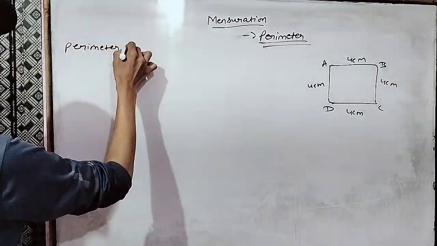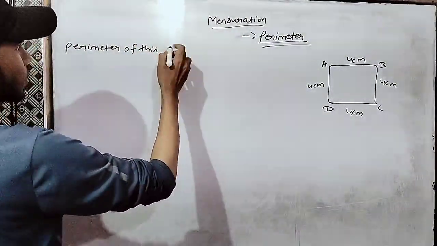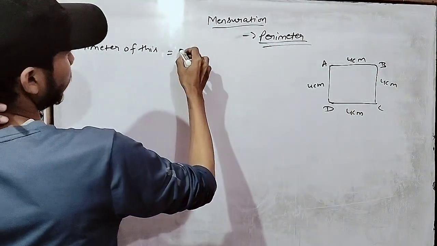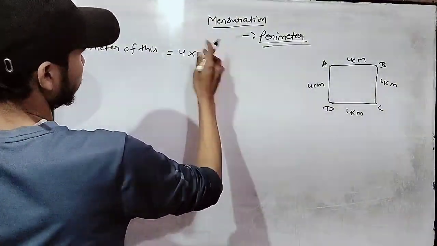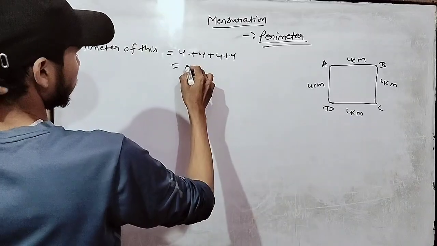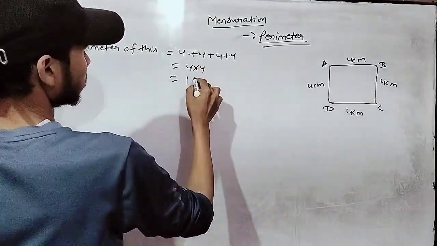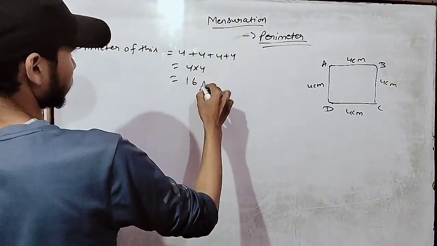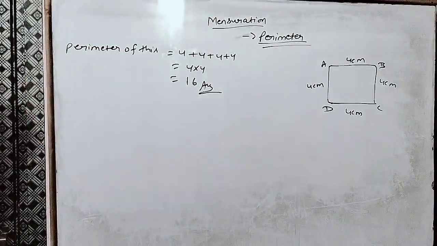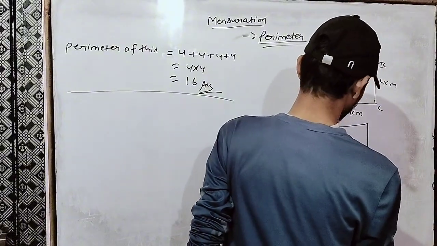Perimeter of this square is 4 plus 4 plus 4 plus 4. So 4 times 4 is 16. We just add all the given lengths of sides.